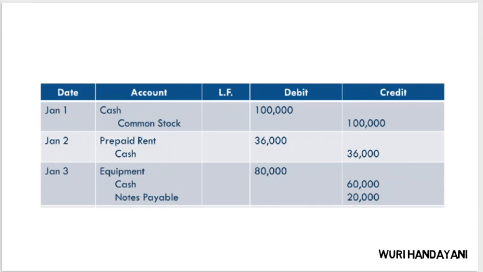So we have to put equipment in debit, and then we pay cash $60,000. Means our asset will be decreased. So we can put cash in credit, and then the rest of $20,000 it will be notes payable, right? So we have to put in credit $20,000.